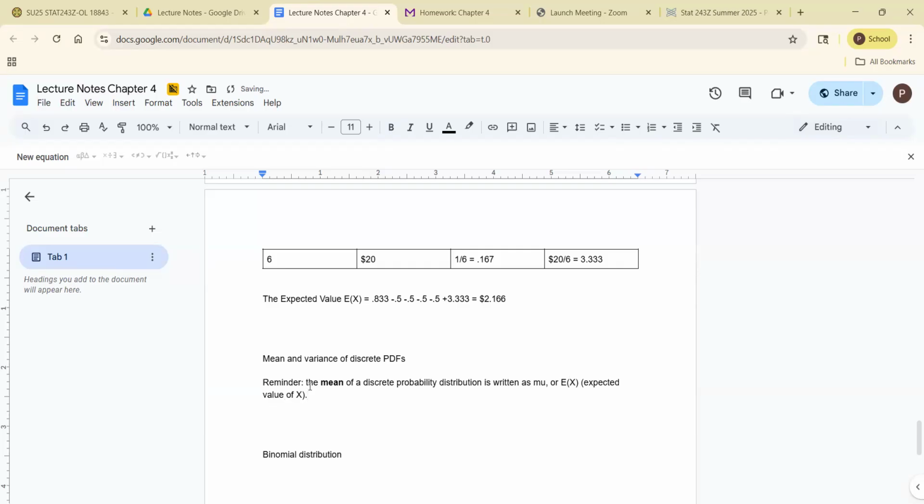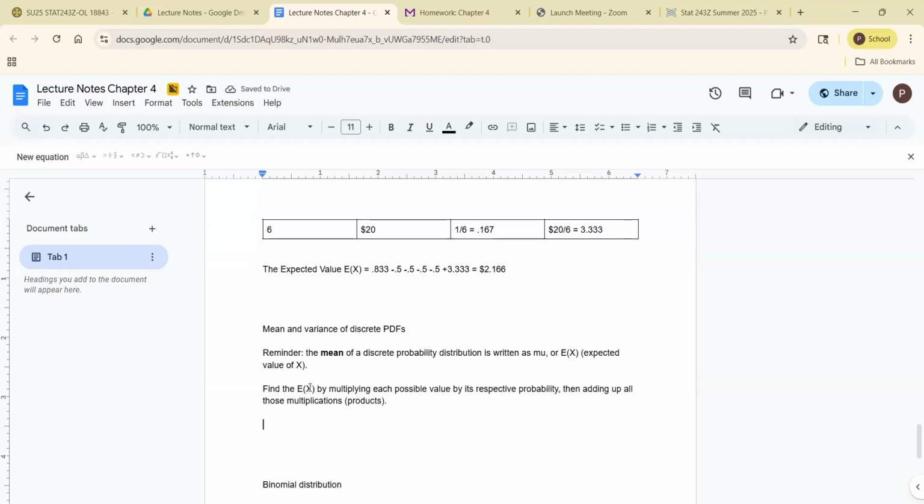These three things mean the same: the mean, the mu, and the expected value of x. Find the expected value of x by multiplying each possible value by its respective probability, then adding up all those multiplications. We call those products, adding up all those products.